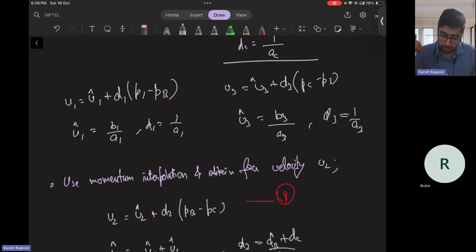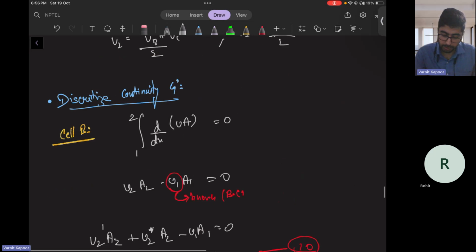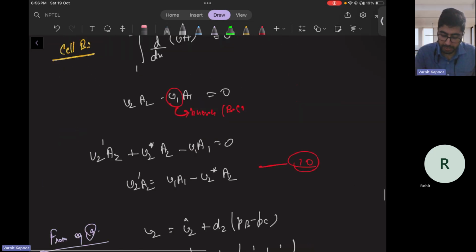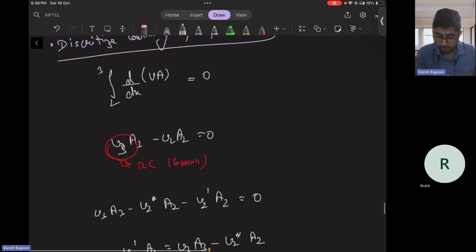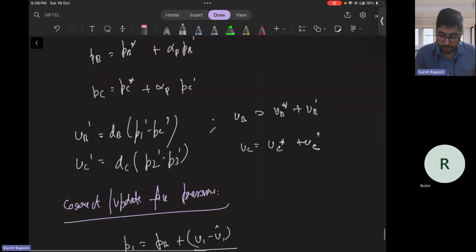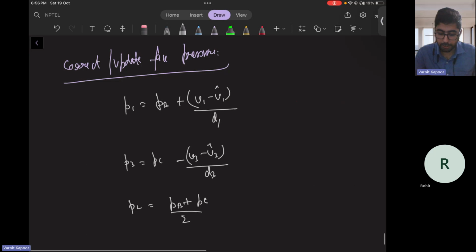Then you use momentum interpolation and obtain the face velocity. Then you discretize the continuity equation for cell B as well as for cell C. From here, you get the updated face pressure values. Then you go back to the previous step and similarly solve the equations.